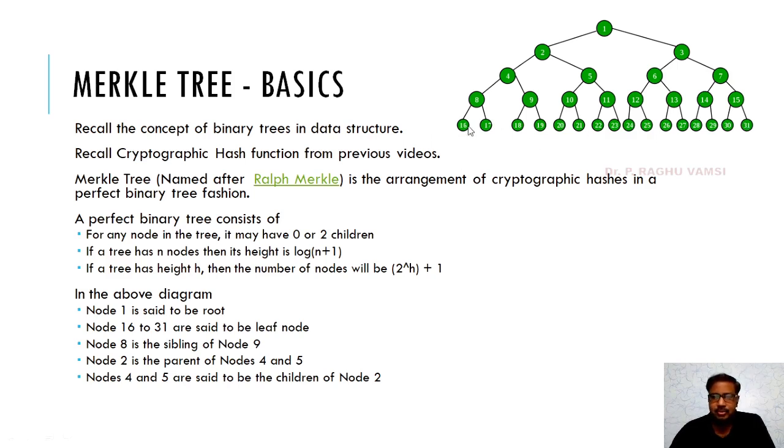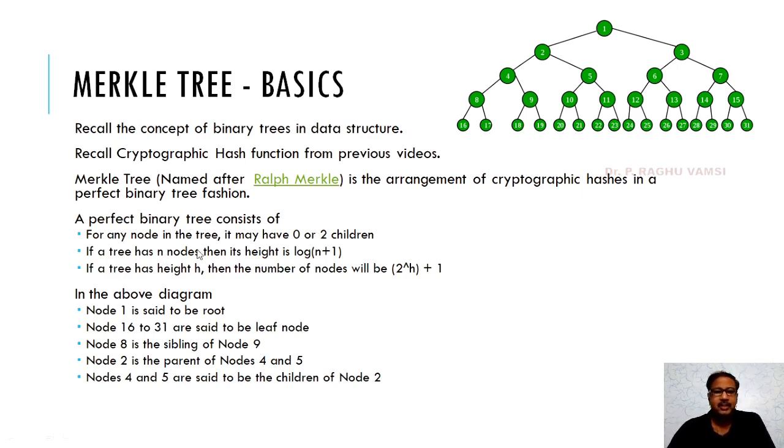Do these nodes have any children? Obviously, no children, that is, 0 children from 16 to 31. Consider the remaining nodes 8, 9, 10, 11, 12, 4, 5, 2, 1. All these nodes have exactly 2 children. That means for any node in the tree, it may have 0 or 2 children. That is what we call a perfect binary tree.